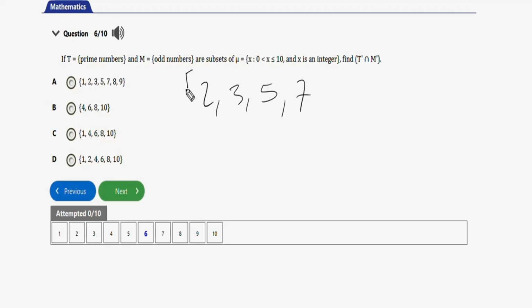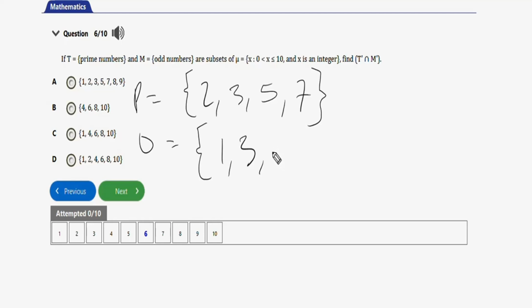So this gives you the prime numbers. Whereas for the odd numbers between 1 and 10, 1 is an odd number, 2 is not an odd number, and 4 is an even number. Odd numbers are values not divisible by 2.